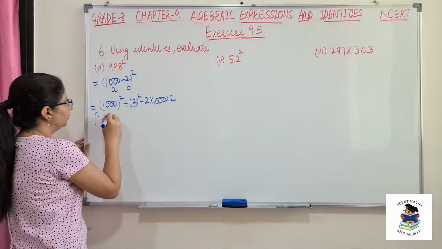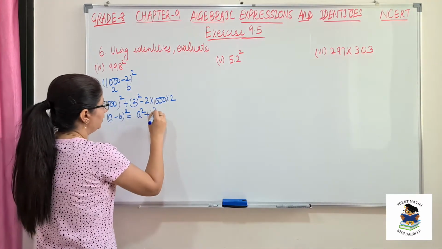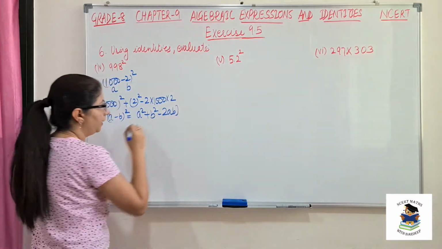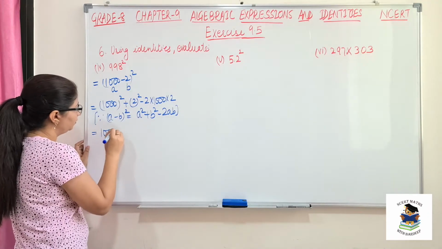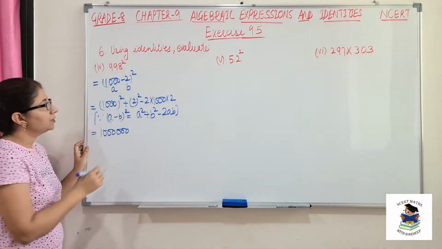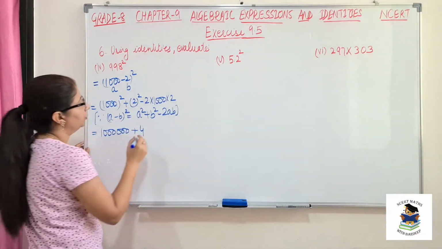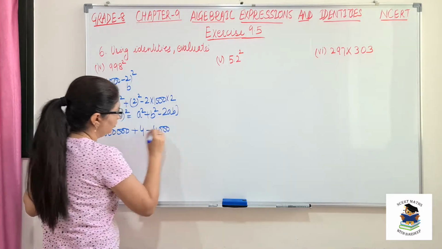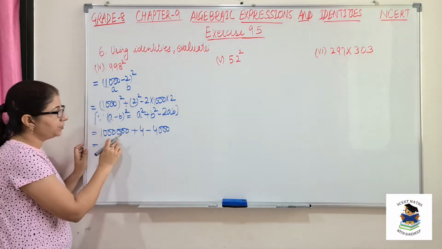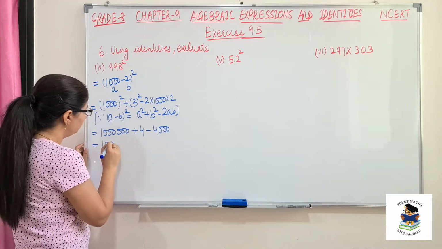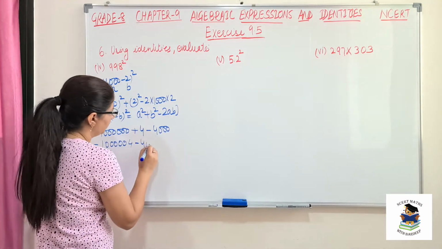We will write here because (a minus b) whole square is equal to a square plus b square minus 2ab. When we calculate it, this is 1000 square, so 1 with 6 zeros. 2 square means 4. 2 into 2 is 4, 4 into 1000 is 4000. First these two are plus terms, so we will add them first. 1000000 plus 4 and then minus 4000.